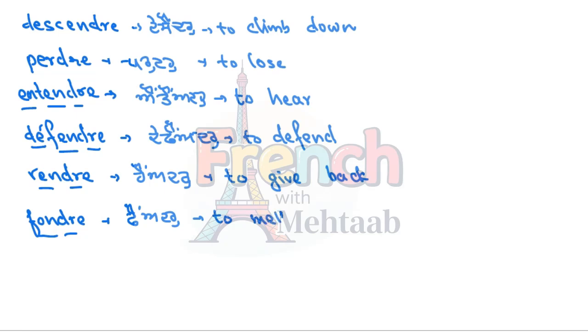It means to melt. Apart from that, another example could be correspondre. Correspondre. This is, pardon, not con. This is correspondre. Correspondre means to match, to correspond, okay?